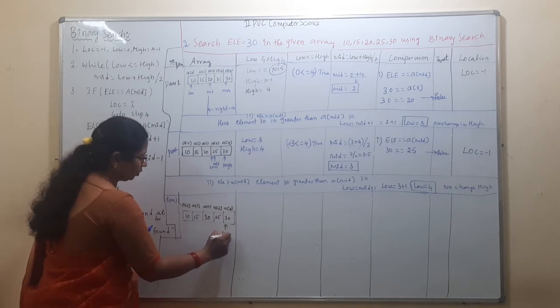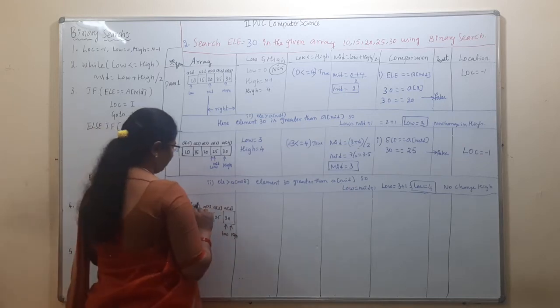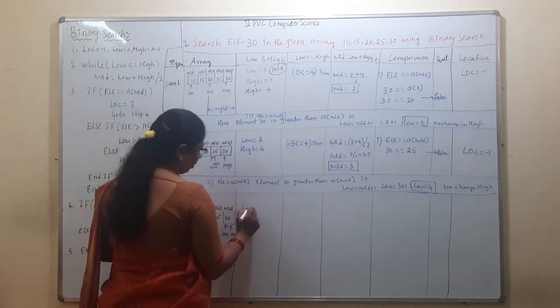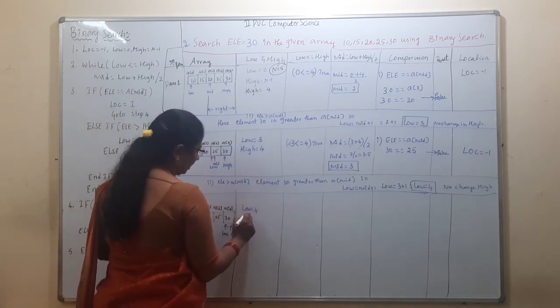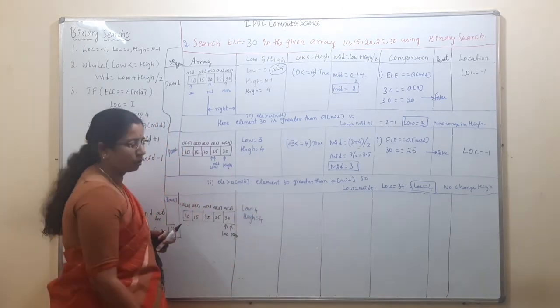Yes, we got the new low value and the high value. That means both low and high are at location 4.